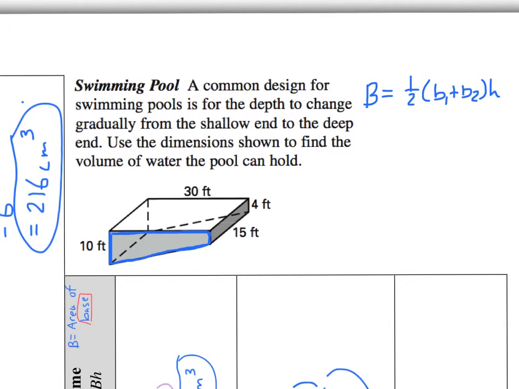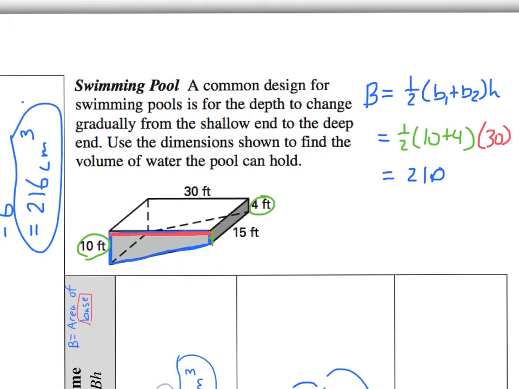So I'm going to use a trapezoidal formula. So notice that my bases are 10 and 4. So 1/2, 10 plus 4. And height is going to be 30. Why? Because that is the height of the trapezoid there. So in the end here we get 210 square feet.